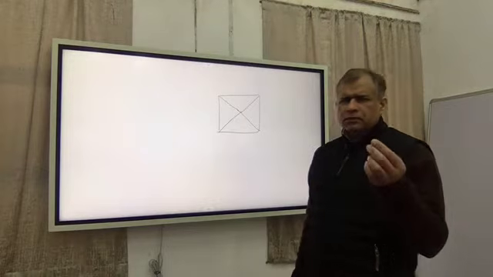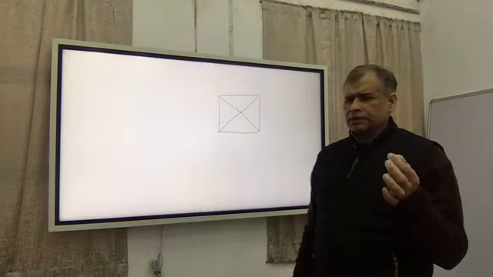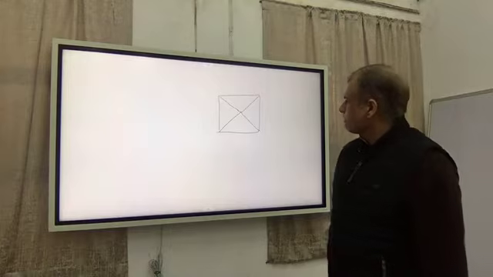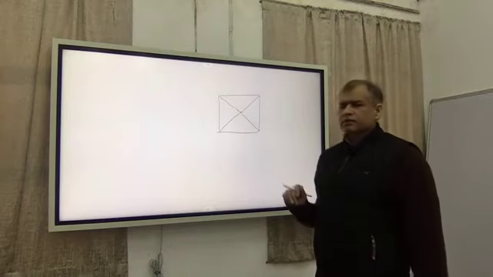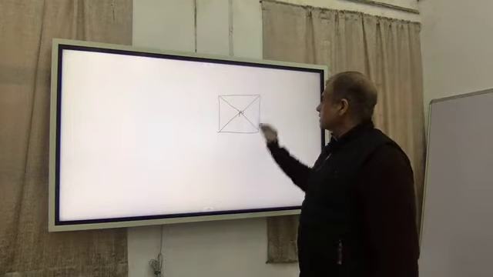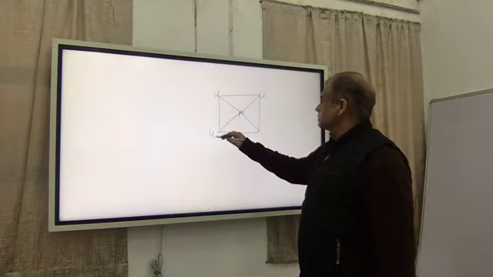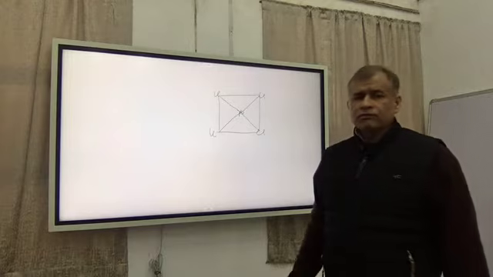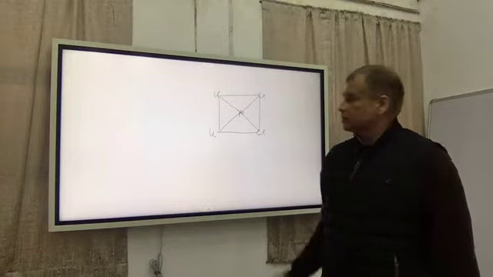Just listen with a little more attention. This was the PtCl4 structure, platinum tetrachloride, and I said that there are 4 C2 axes in it.